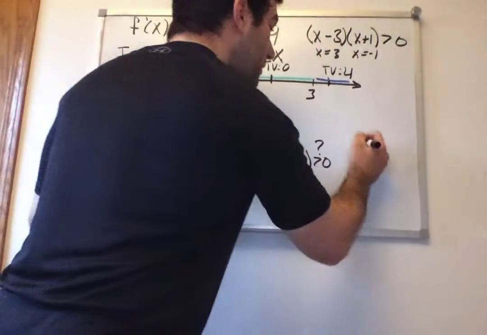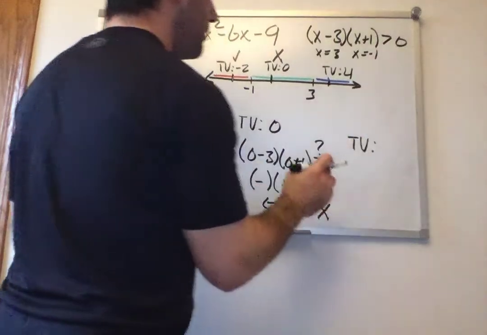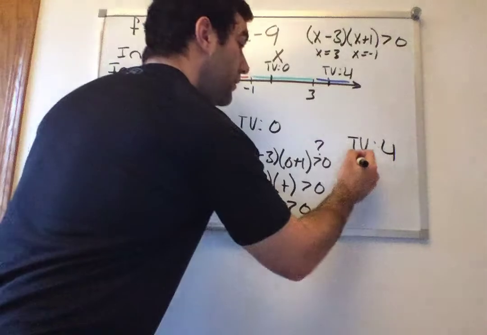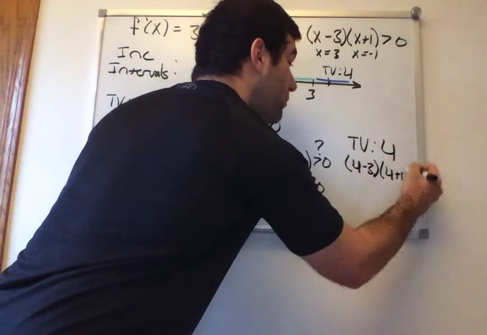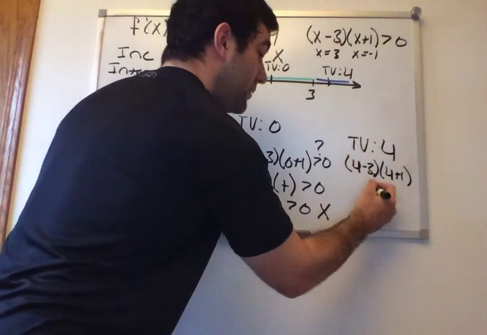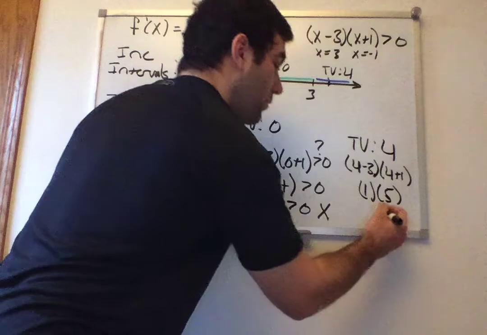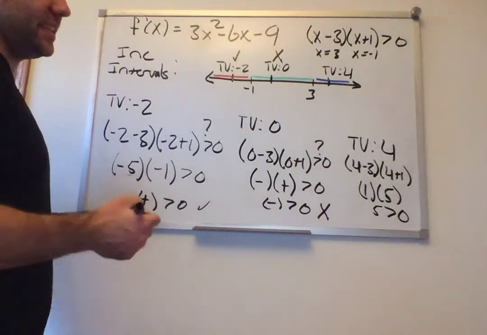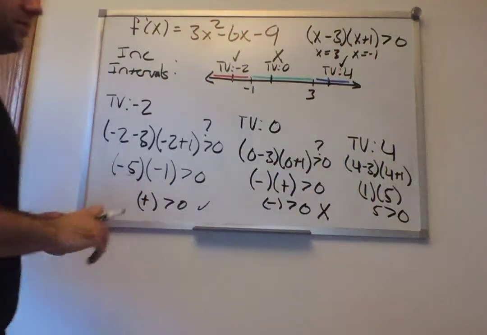And then if we do the test value on our last interval, test value of 4, 4 minus 3 times 4 plus 1, this is 1 times 5, which is 5. Is 5 greater than 0? 5 is indeed greater than 0. So this interval also worked.